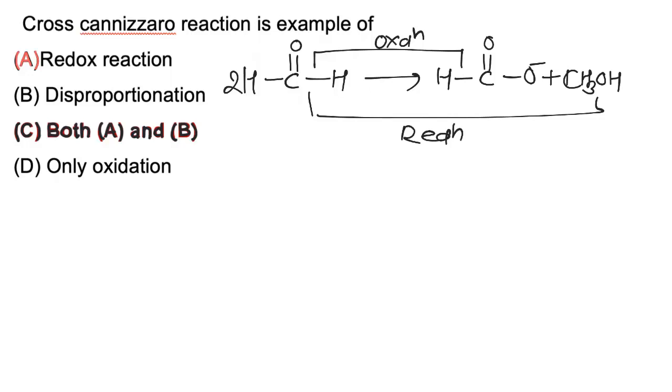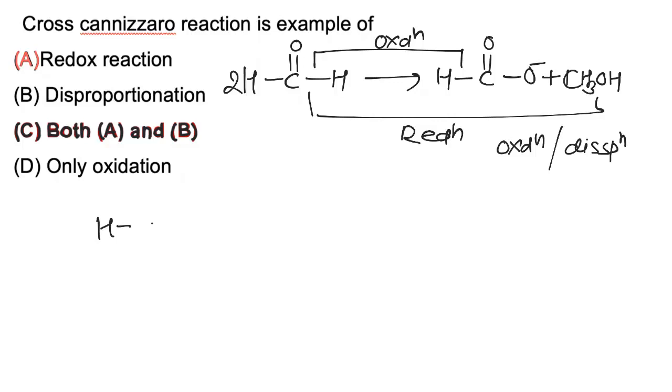When formaldehyde is converted to formic acid, formaldehyde is getting oxidized, and when formaldehyde is converted to methanol, formaldehyde is getting reduced. So this is an oxidation reaction as well as a disproportionation reaction, because the same compound is getting oxidized and reduced.